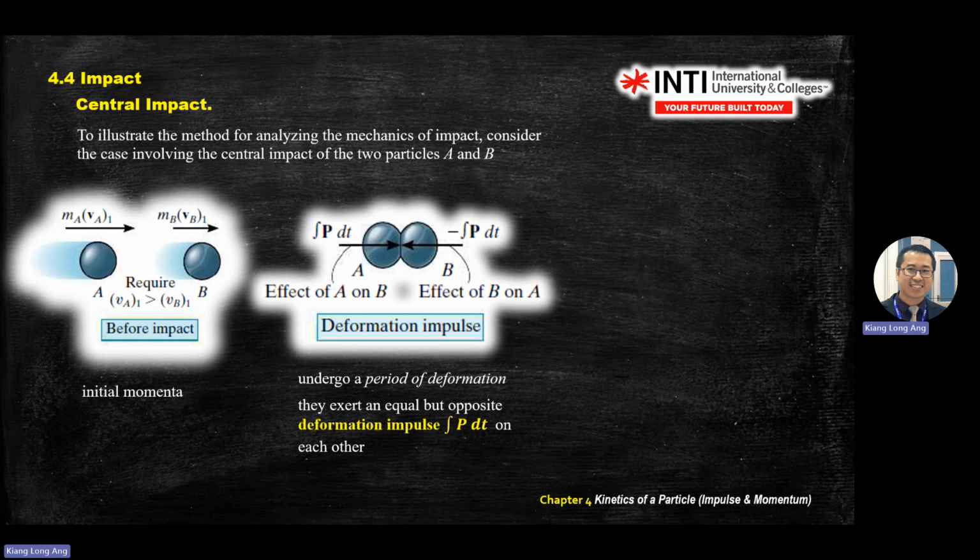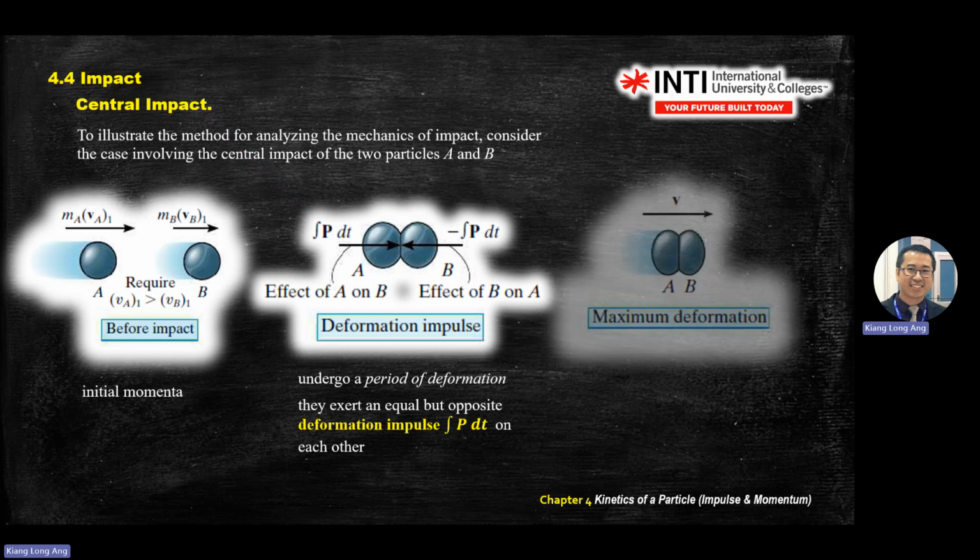Okay, after the short break, we'll go into rigid body. Everything is very simplified, everything summed into one point or one body. Later when we look at rigid body, we will reach a case where they reach maximum deformation.